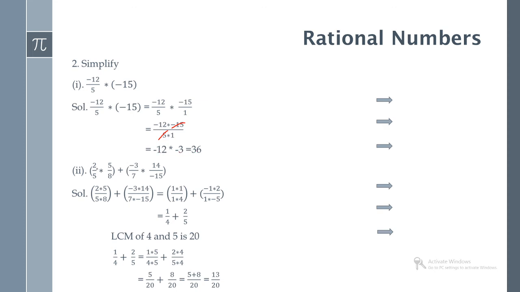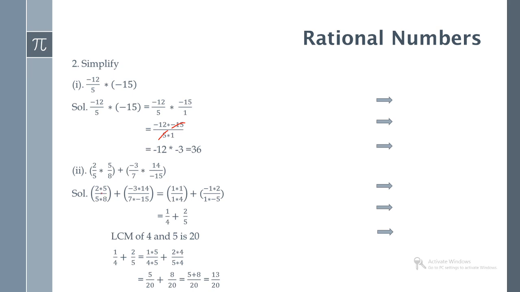Now coming to the next one. 2 by 5 into 5 by 8 plus minus 3 by 7 into 14 by minus 15. Same thing I have written here, but in a combination. So 2 into 5 by 5 into 8 plus minus 3 into 14 by 7 into minus 15.